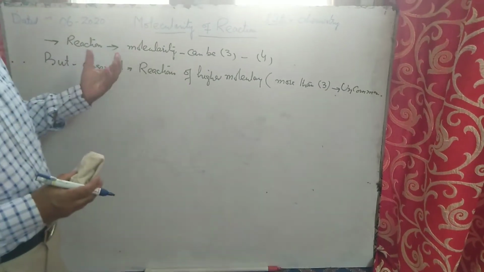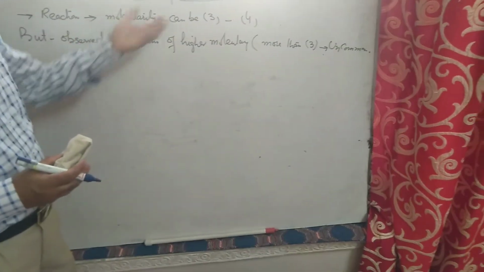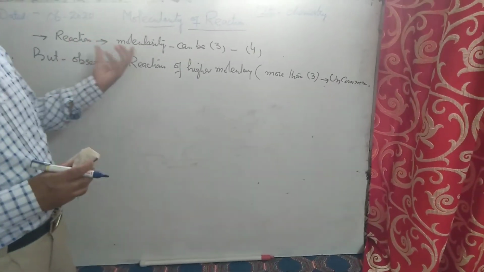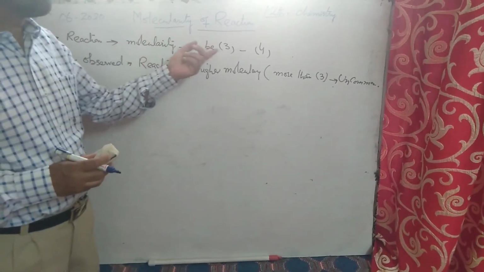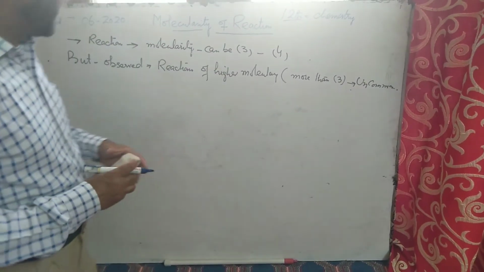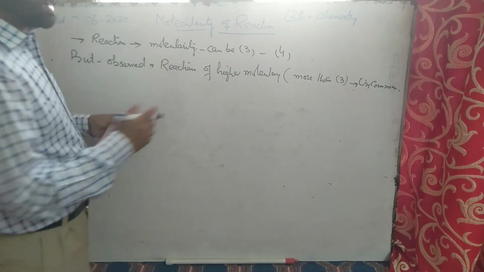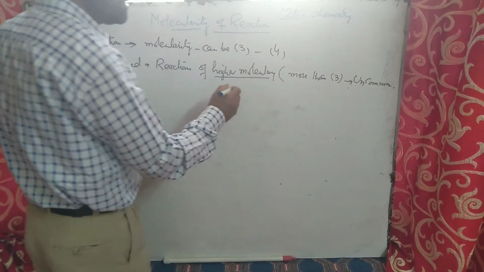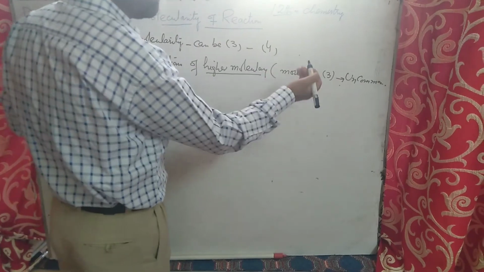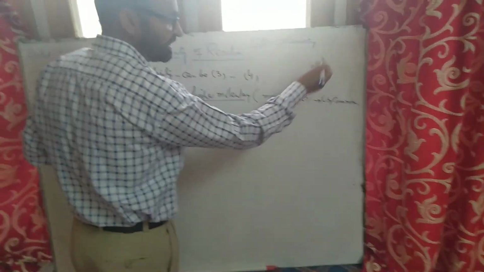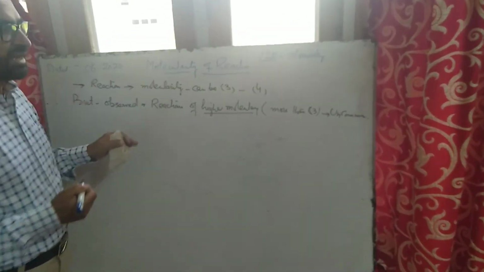From the definition of molecularity, we can expect that there can be reactions in which 3 molecules collide, or 4 molecules collide. But it has been observed that reactions of higher molecularity, where 3 molecules collide, are uncommon or rare.